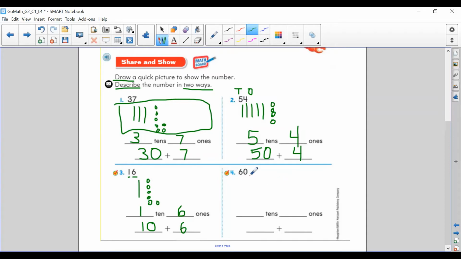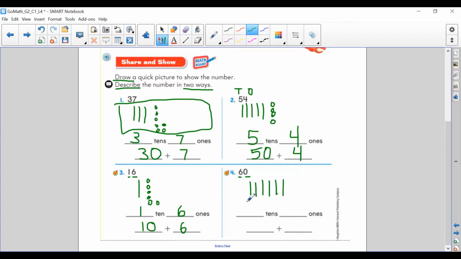Okay, now we have 60. Well, how many 10s? 6. And how many ones? 0. So let's draw 6 10s. 1, 2, 3, 4, 5, 6. Okay, did you draw that on your paper? And how many ones? None. 0.